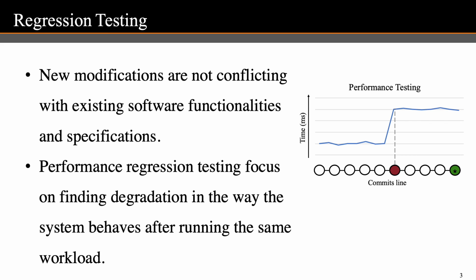More specifically, performance regression testing focuses on finding degradation in the way the system behaves after running the same workload. In the example we have here, the commit colored red includes code changes that are increasing the code execution time. The development team should be notified of this degradation after testing in order to resolve it.